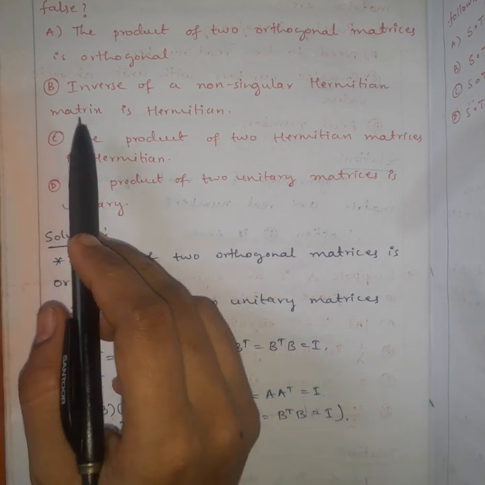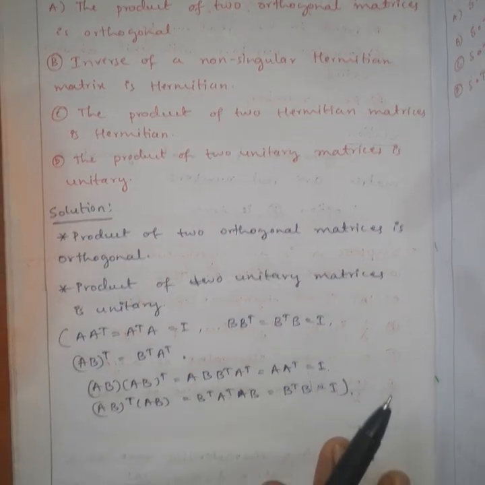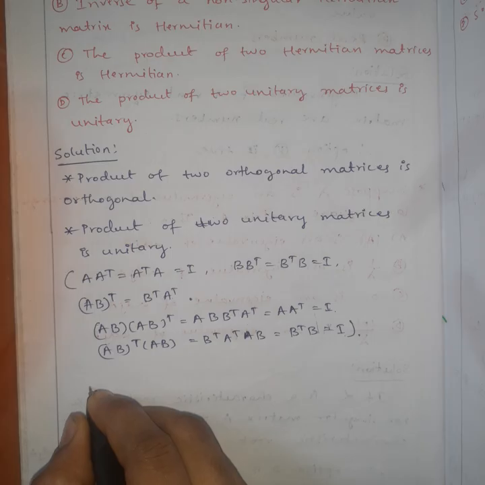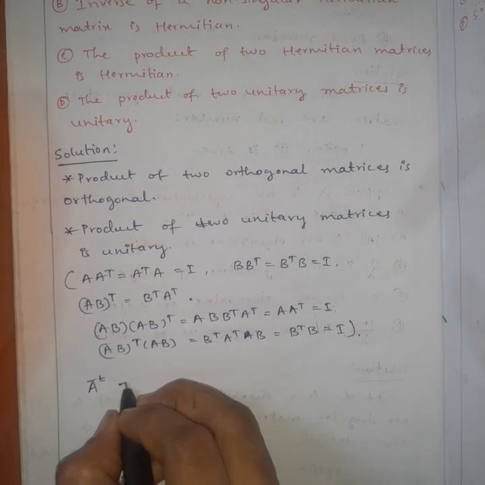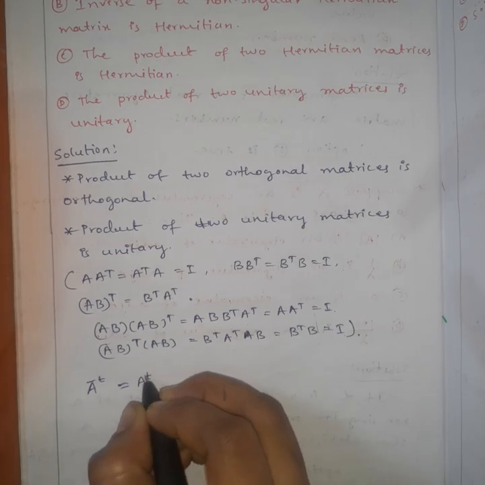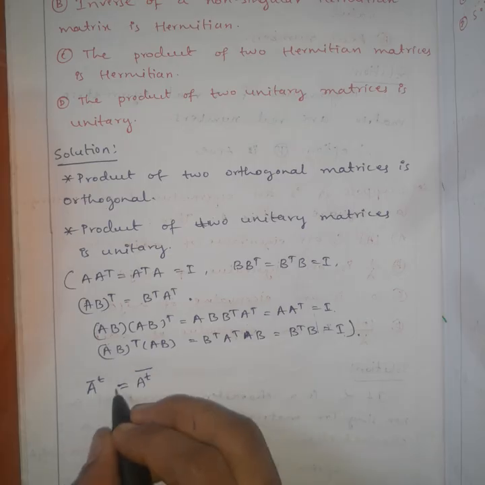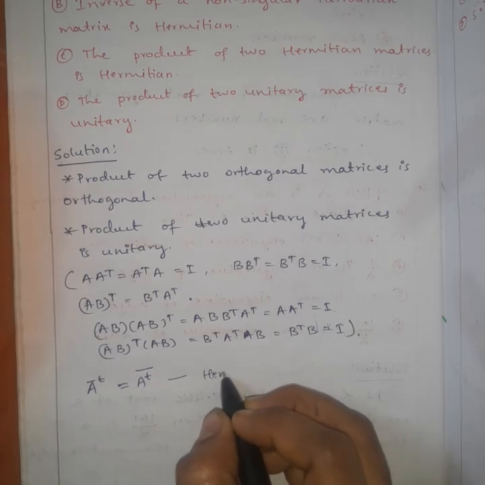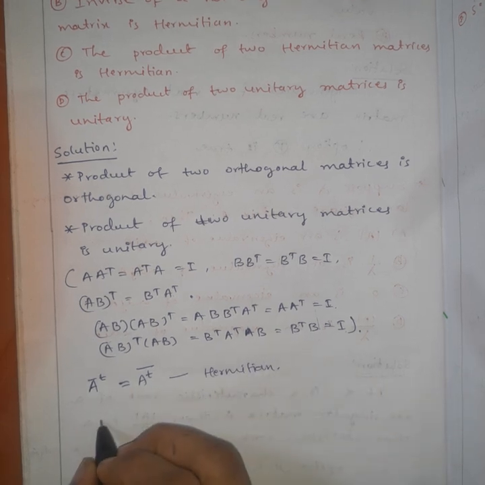Now, let us check option B. Inverse of a non-singular Hermitian matrix is Hermitian. So, what do we mean by a Hermitian matrix? A matrix is called Hermitian if A bar transpose is equal to A transpose bar. If this condition is satisfied, then we say that the matrix is Hermitian. Now let us check the inverse of a Hermitian matrix.